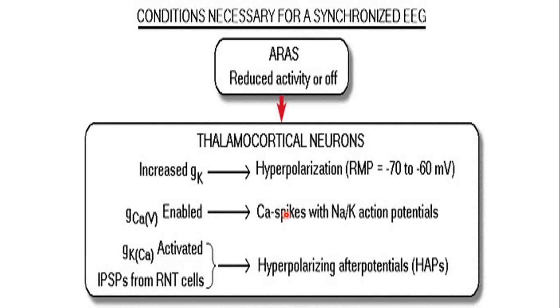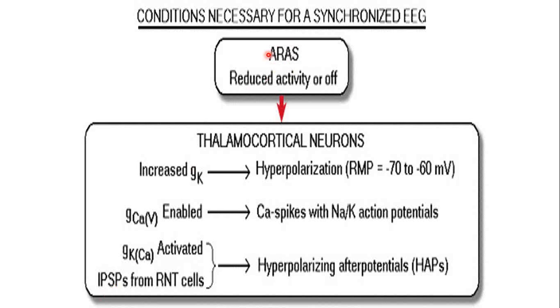Now when we do that, we get a predominance of IPSPs. IPSPs means inhibitory postsynaptic potentials, inhibitory potentials from an area of the thalamus called the RNT, the reticular nucleus of the thalamus. Now let's not get that confused with the reticular formation of the brainstem.